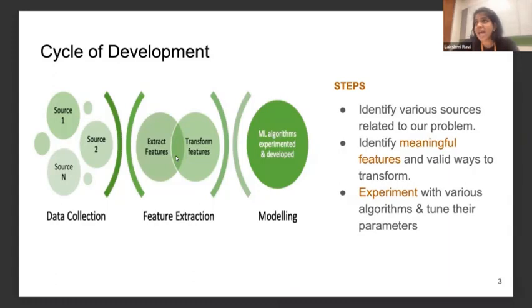The next thing is to identify the meaningful features for the problem you are developing the ML model for, extract them and do some transformations. The third thing is where you experiment with different ML algorithms, like is logistic regression good or a random forest good, and experiment with different ones and then go about it.